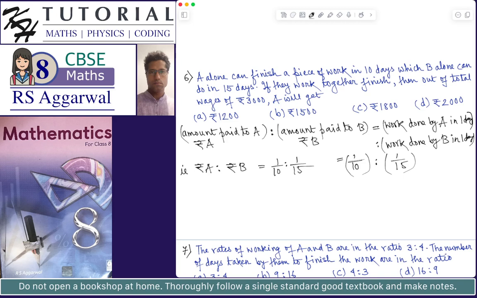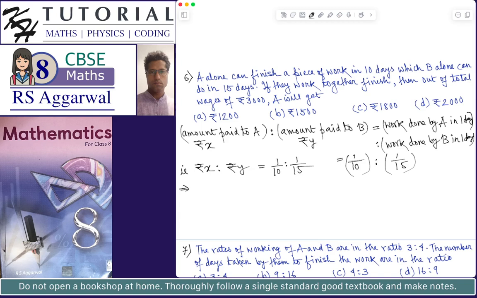So now let's not use the capital letters, rupees A and rupees B, because it will confuse with the persons A and B. So let's say rupees X is the total amount paid to A, and let's say rupees Y is the total wage paid to B. So we have rupees X is to rupees Y must be equal to 1 by 10 is to 1 by 15.